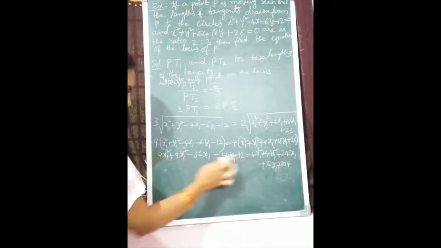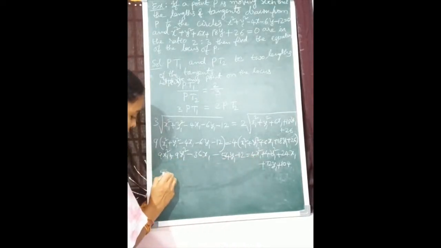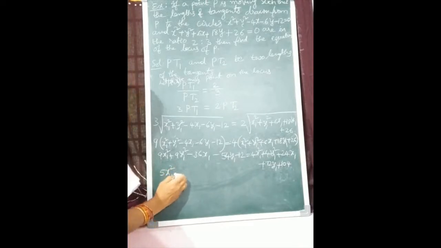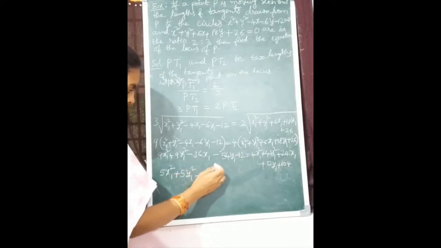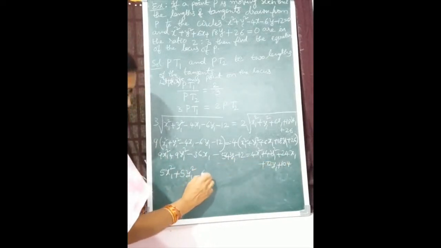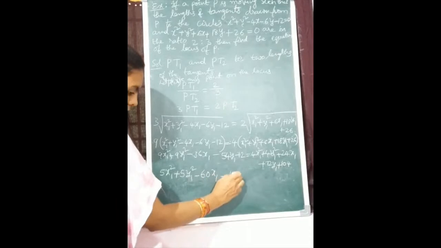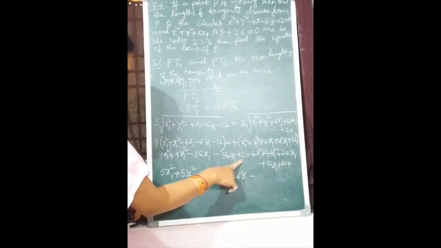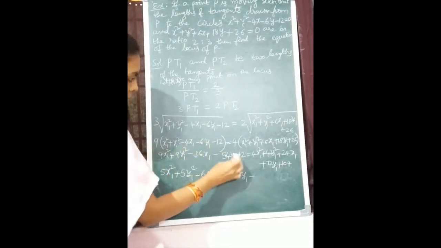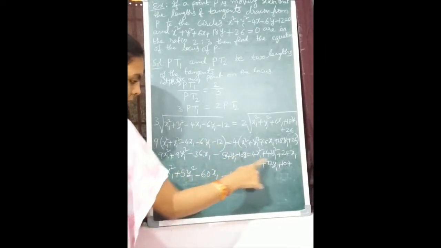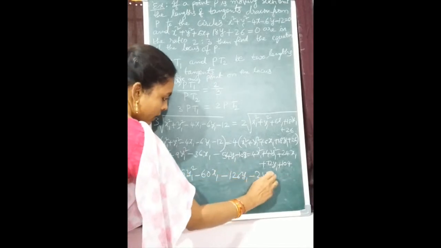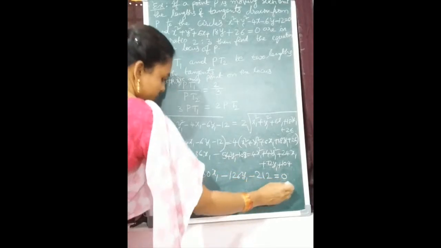So 9x1 square, 4x1 square, 5x1 square plus 9y1 square, 4y1 square, 5y1 square minus 36x1, 24x1, minus 60x1, minus 126y1. Here 108, 104, 212 is equal to 0.